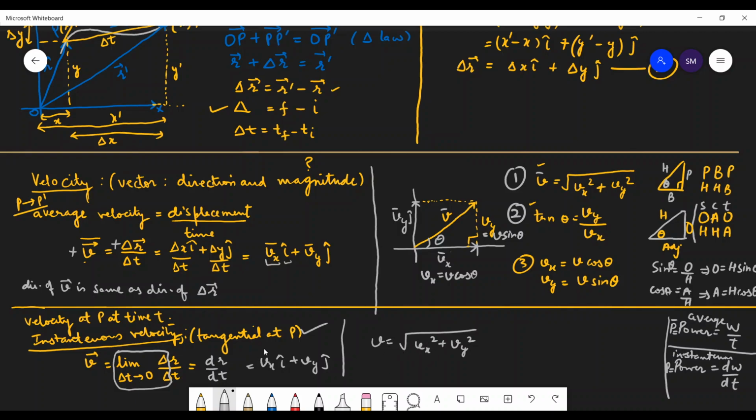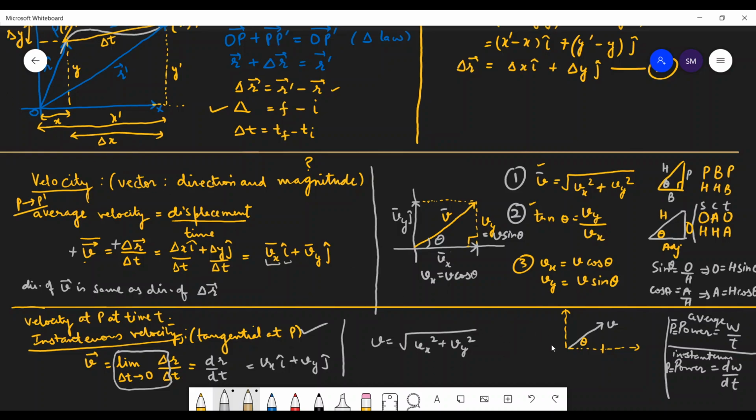That's the component. And if I have got V, again I will find its components along the x-axis and y-axis. So along the x-axis, this angle theta, this is tangential, so that's what I have got at this point on the curve.